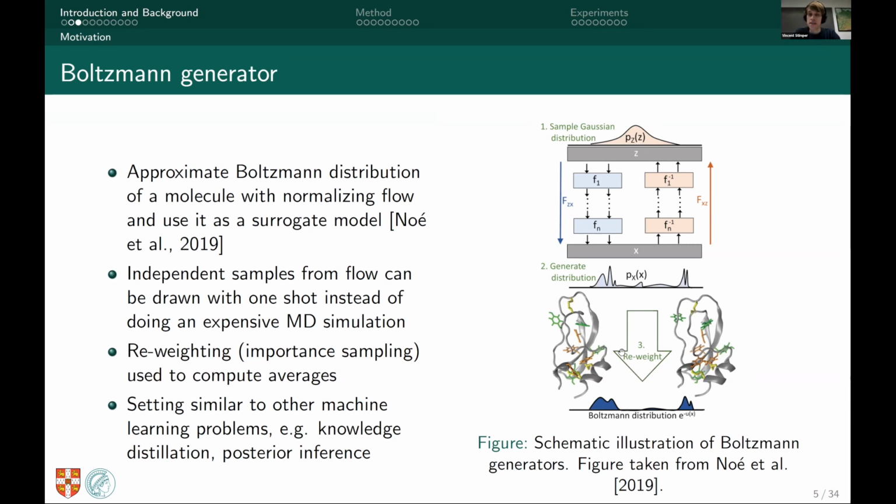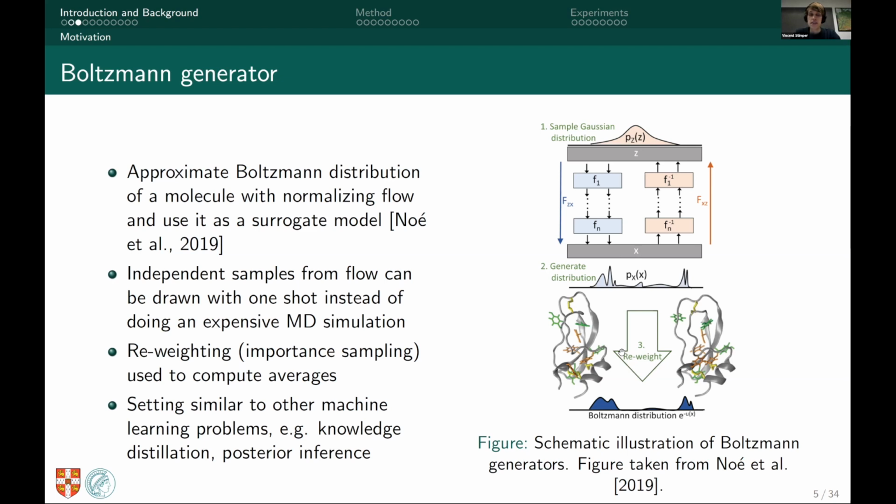I will explain on the next slide what the normalizing flow is, and then basically use it as a surrogate model. So instead of sampling from the Boltzmann distribution directly, we can just draw samples from the flow. And this can be done in one shot, and we get independent samples, instead of doing very expensive molecular dynamics simulations.